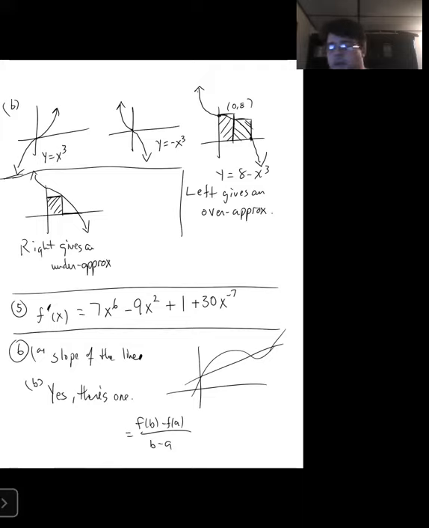The left-hand side, f prime of x: is there a value x where the slope of the tangent line, the line tangent to this curve, equals the slope of the line?